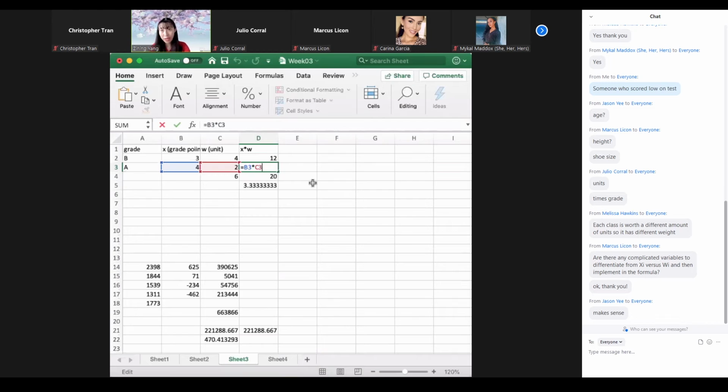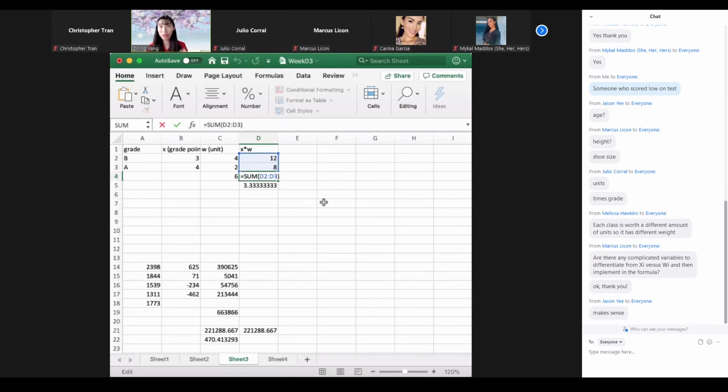Then for your second class, 4 times 2 is 8. So that's X times W. Then remember, we need to take the sum of X times W. So this is the formula. equals sum, and then in parentheses, you select the value you want to add together. I mean, here we only have two numbers.